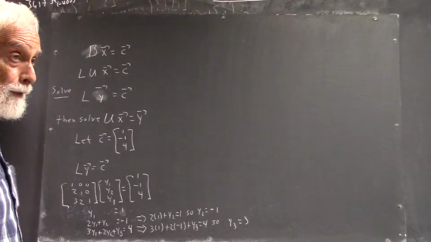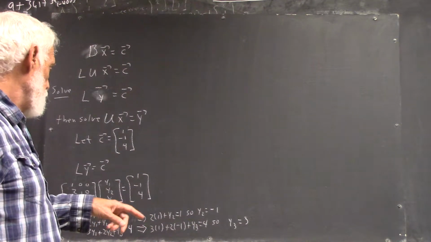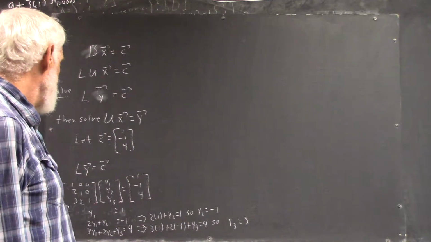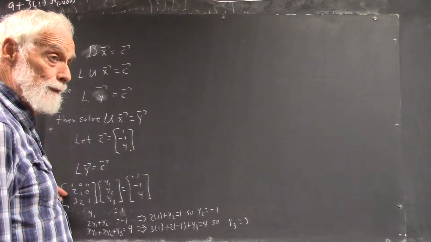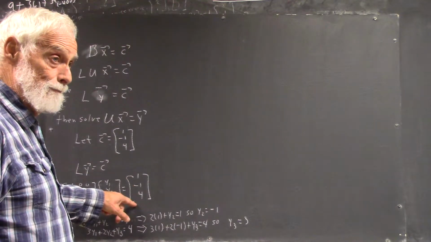Now, at this point, you do want to check, especially when you're first doing it, until you get a lot of confidence. So you just take the vector 1, negative 1, 3, and multiply it by this, and see that you get 1, negative 1, 4.